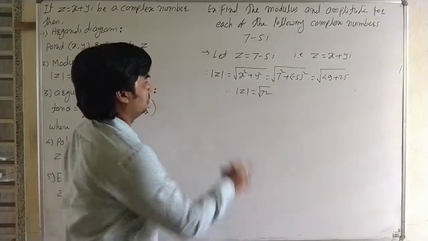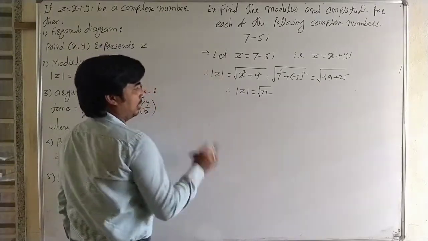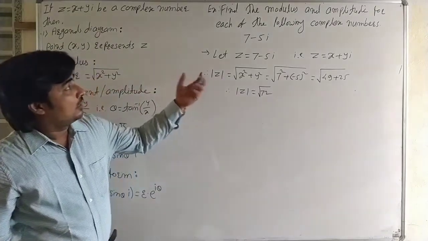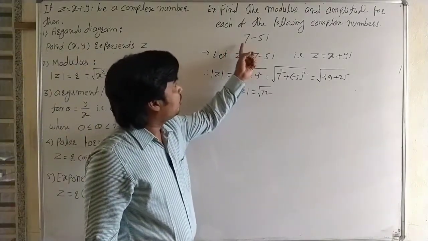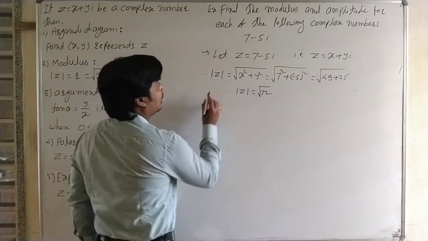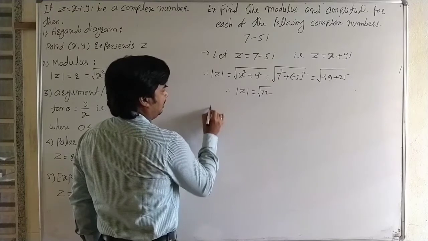Now we find the amplitude, that is the theta. First we write the point lie in the fourth quadrant.